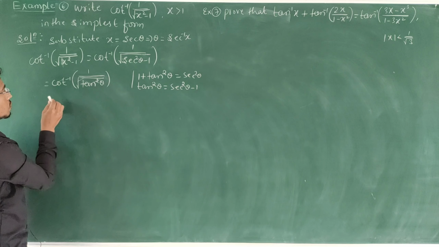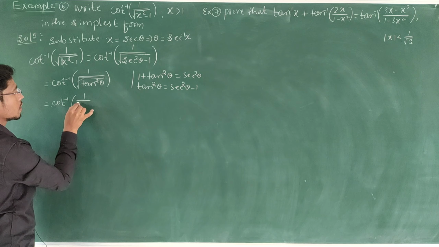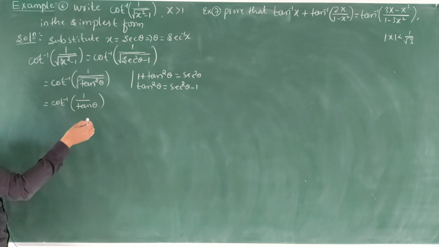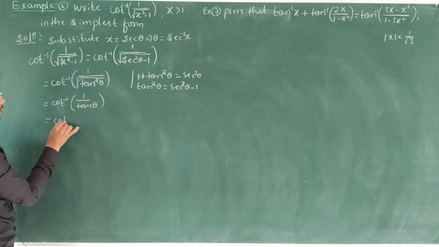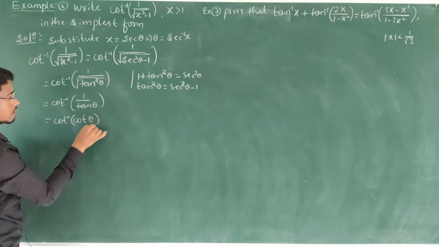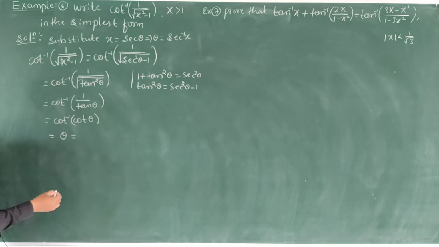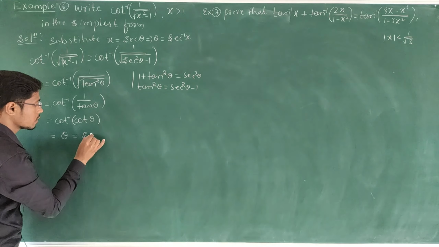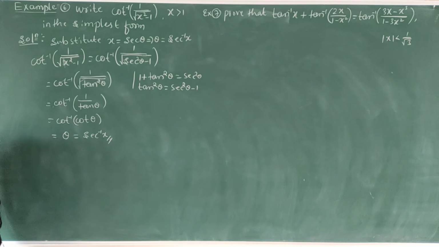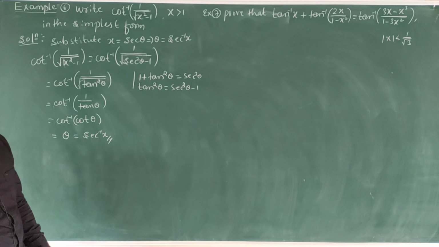Cancel square and square root, it is equal to cot inverse of 1 divided by tan theta. Okay, 1 by tan theta is cot theta, so cot inverse of cot theta. Cot inverse and cot get cancelled, theta remains, so theta is sec inverse of x. So this is the simplest form of this given question, that is sec inverse of x.